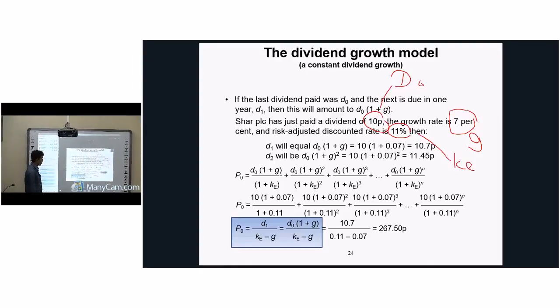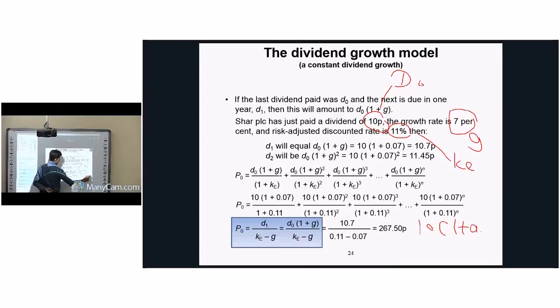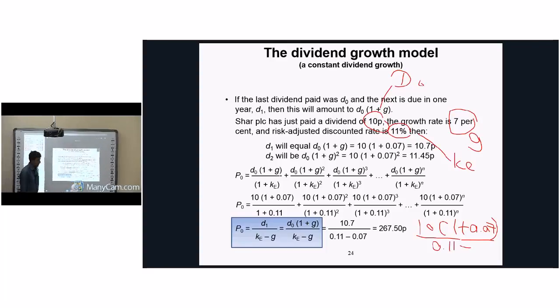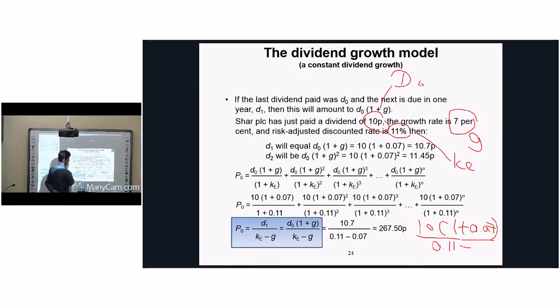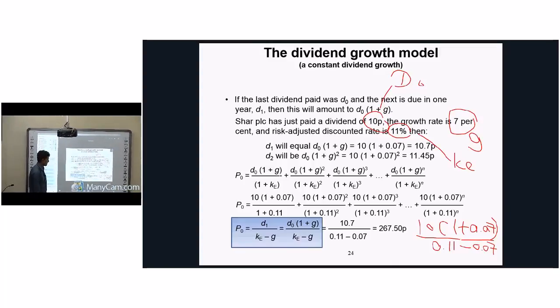So, D0 is 10 pence, times 1 plus the growth rate of 7%, divided by Ke, that is 11%, minus the growth rate of 7%. If you resolve this, you will get an answer of 267.5 pence.